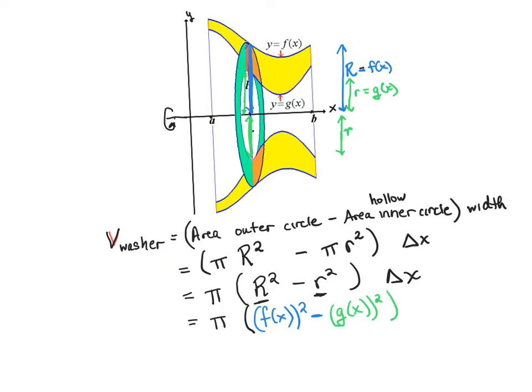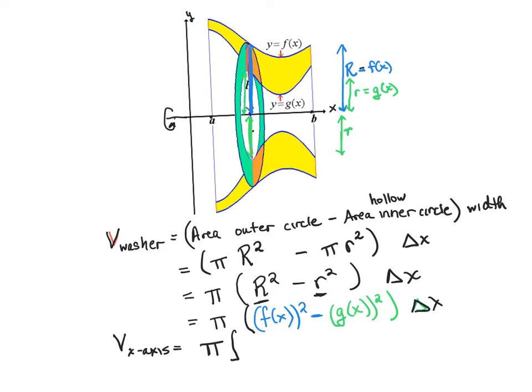Remember, any function is defined relative to the x-axis. So when we use f, that's a point on the curve to the x-axis. When we use g, that's a point on that curve to the x-axis, delta x. So this would be the formula for the volume of a washer in any subinterval. But when we sum up infinitely many of them, then we have that the volume revolved around the x-axis using the washer method is pi on the outside.